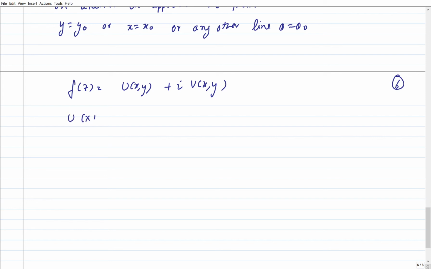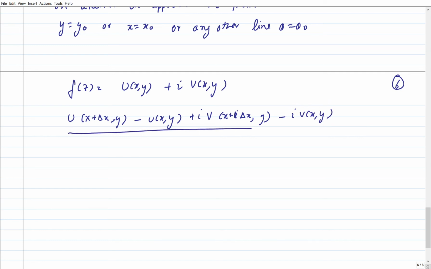I have u(x plus delta x, y) minus u(x, y) plus iota v(x plus delta x, y) minus iota v(x, y), divided by x plus delta x minus x plus iota y minus iota y. So this anyways cancels. So this is the limit delta x goes to 0.